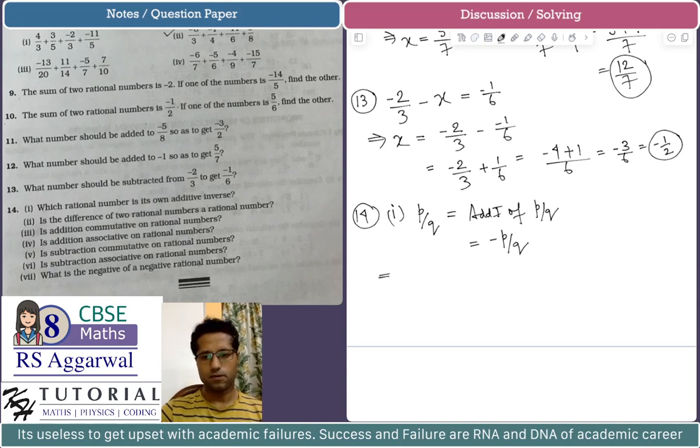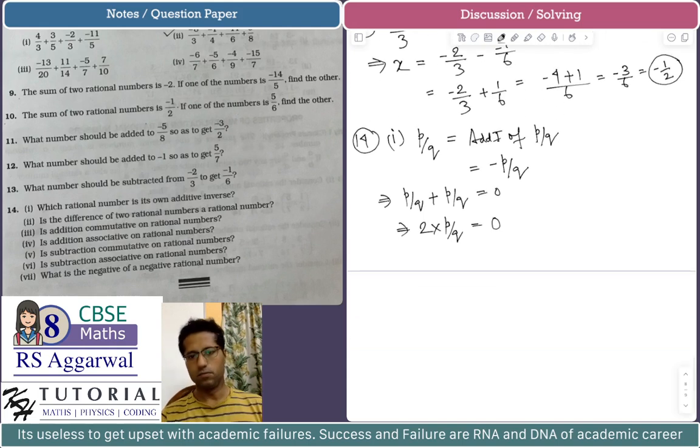This implies, if I bring the right hand term to the left hand side, I get p by q plus p by q equals 0. This implies twice into p by q equals 0. Now I know you will obviously say that p by q is 0, but why is it so? What is the mathematical concept?